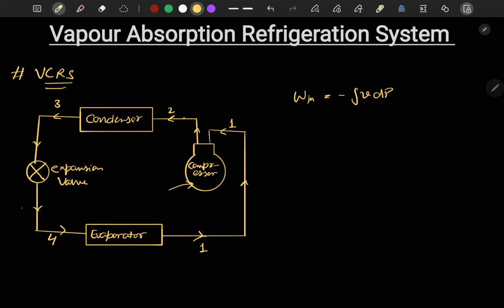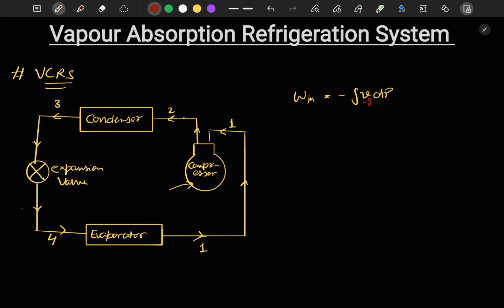So what is the deciding factor for our work input? The specific volume V is the deciding factor. Generally the compressor inlet is in vapor form, so we use the value of Vg. Since this value is very large, the work input to the compressor is very high.